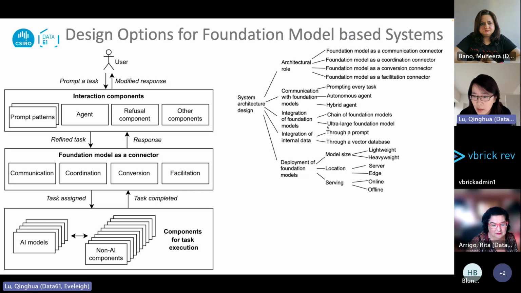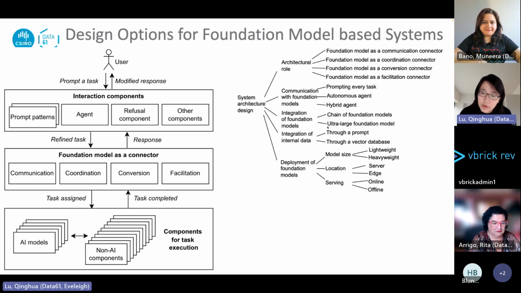Another major decision may be the integration of the internal data of the enterprises. You can do it through the prompt, but there's a context window limit, and you also need to keep updating your internal data. So maybe you need to consider using a vector database to do semantic search for the relevant unstructured data source.